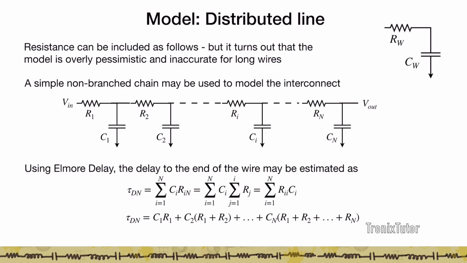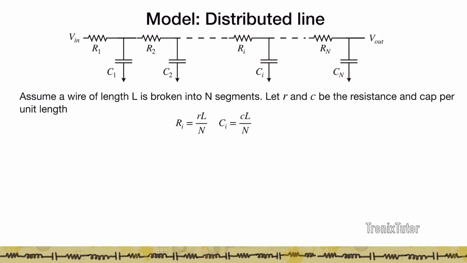So in other words, I can write my delay as C1 R1 plus C2 into (R1 plus R2) plus C3 into (R1 plus R2 plus R3), and so on and so forth, up to Cn into the sum of all the resistances connected prior to Cn. Or in other words, if I assume that I have a wire of length L that is broken into capital N segments, let's call small r and small c the resistance and capacitance per unit length of this wire.